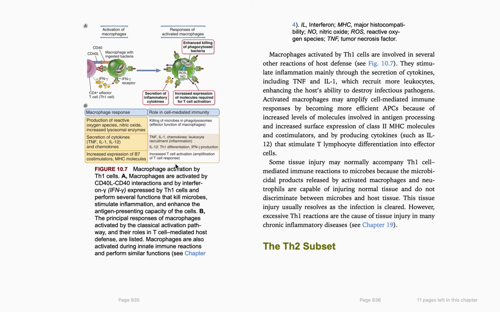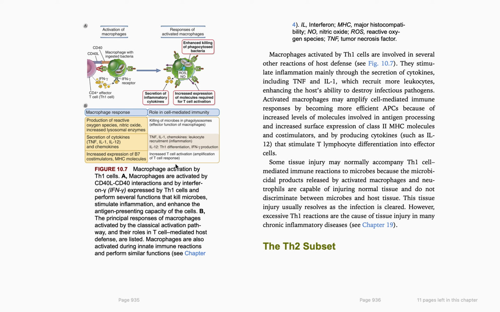So that's what was happening. Let us continue. Macrophages activated by T helper 1 cells are involved in several other reactions of host defense. You see figure 10.7, and we have seen it already. They stimulate inflammation mainly through the secretion of cytokines, including tumor necrosis factor and interleukin 1, which recruit more leukocytes and enhance the host's ability to destroy infectious pathogens.